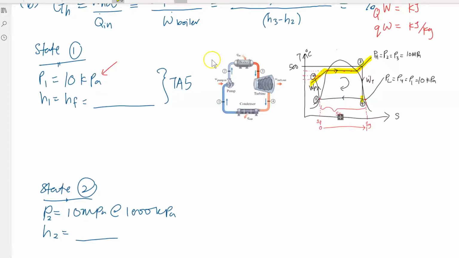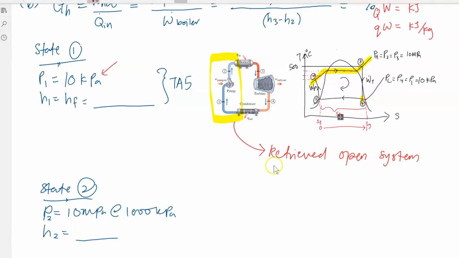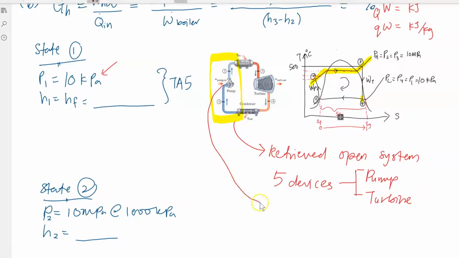In solving this part, you will need to retrieve back the knowledge from open systems, where you have five devices, and among them are the pump and the turbine. Another piece of knowledge regarding the pump that you need to recall is its function.